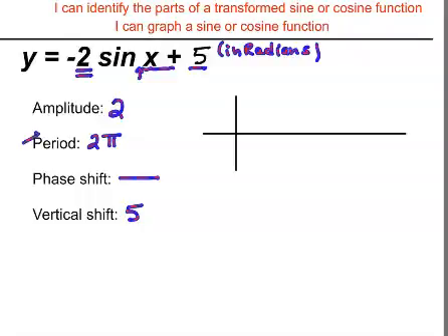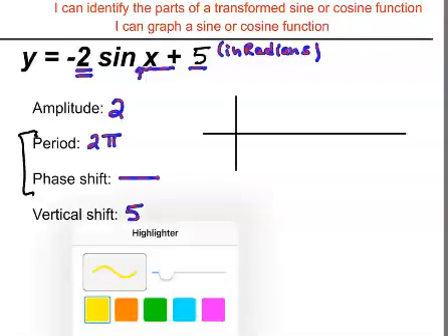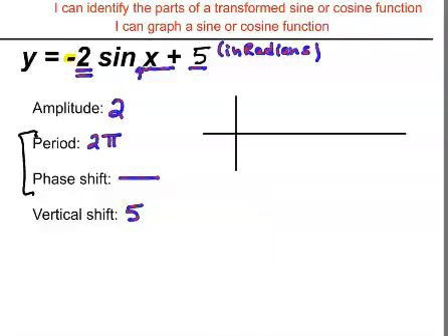Remember, phase shift would occur inside parentheses, and period would be the number in front of x. Now, the other thing I have to pay attention to is that this is a negative. And remember, a negative means it's reflected. I'm going to concentrate on some of the other stuff first.